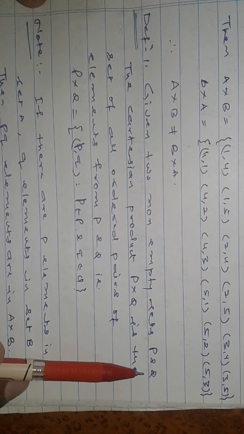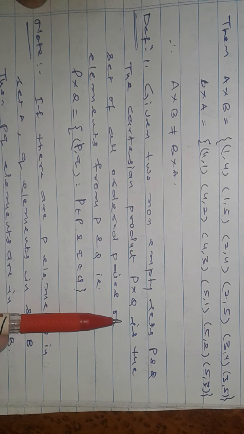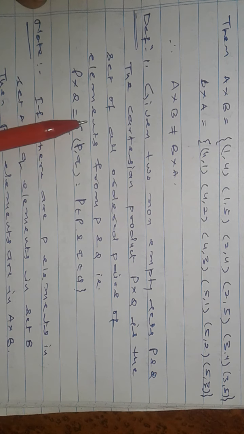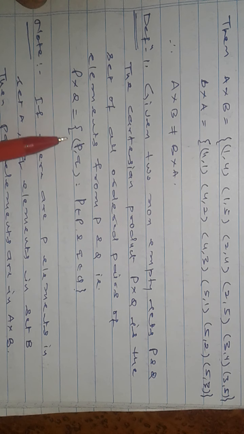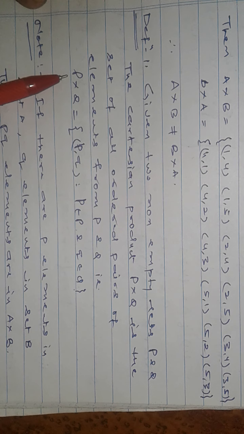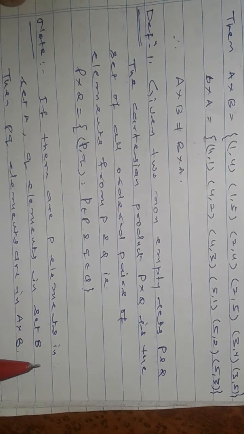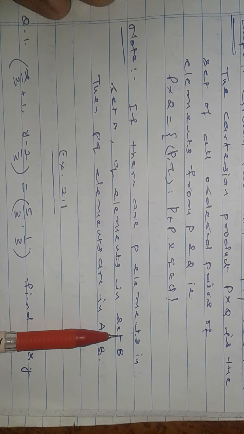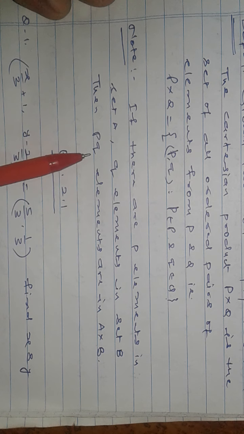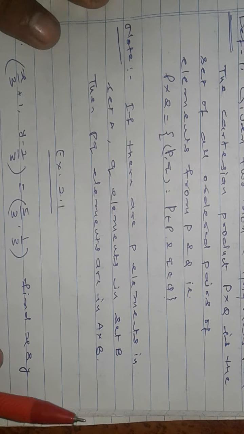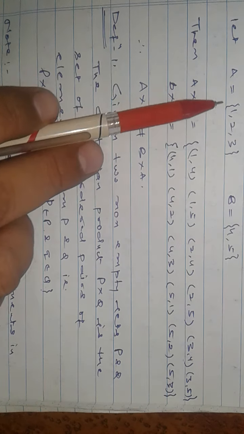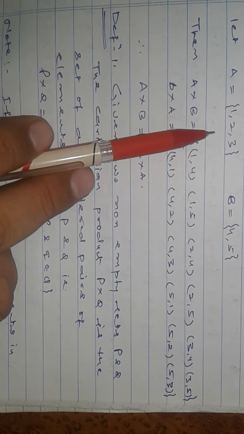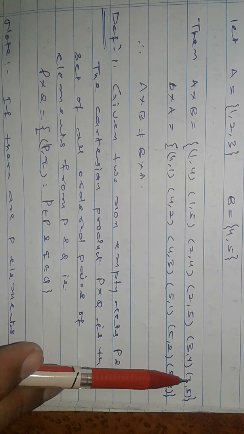Given two non-empty sets P and Q, the Cartesian product P cross Q is the set of all ordered pairs of elements from P and Q. That is, P cross Q is the set of (p, q), where p is from P and q is from Q. Note: if there are p elements in set A and q elements in set B, then p into q will be the number of elements in set A cross B. If we take the example which we did, A has 3 elements, B has 2 elements, then A cross B has 3 twos are 6 elements: 1, 2, 3, 4, 5 and 6.